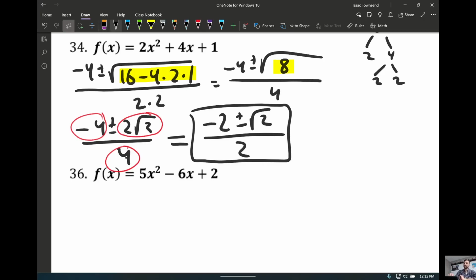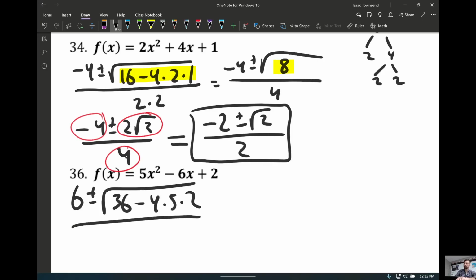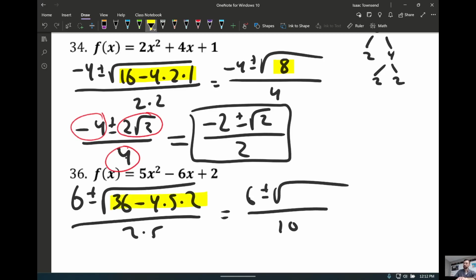So one last time, opposite b plus or minus square root b squared minus 4ac over 2a. Denominator becomes 10. The discriminant is, I don't know, yikes. This would be 36 minus 40, which would be -4.